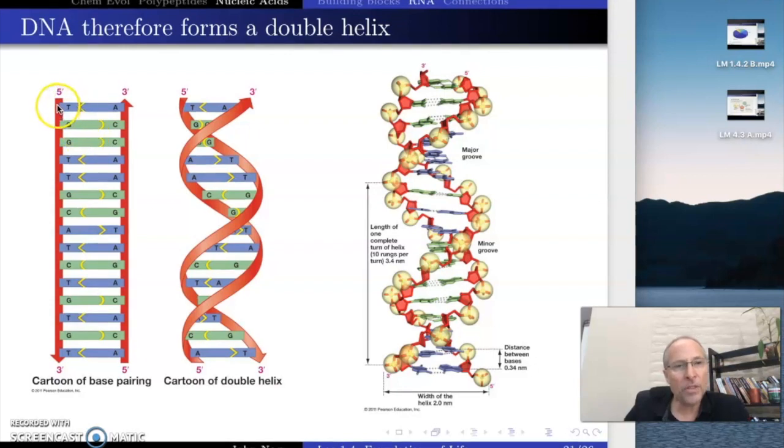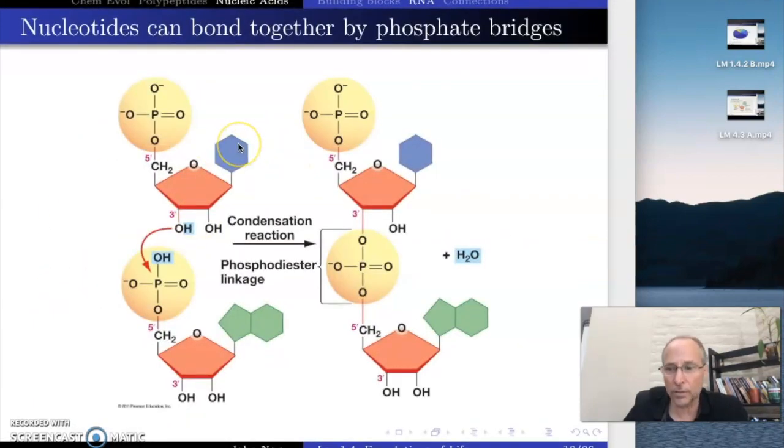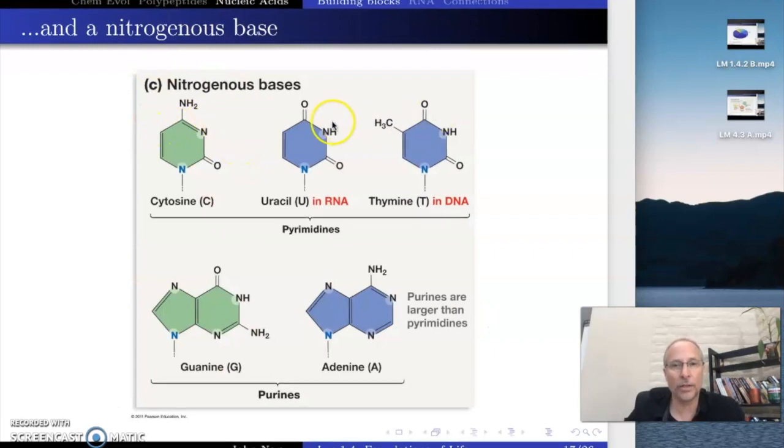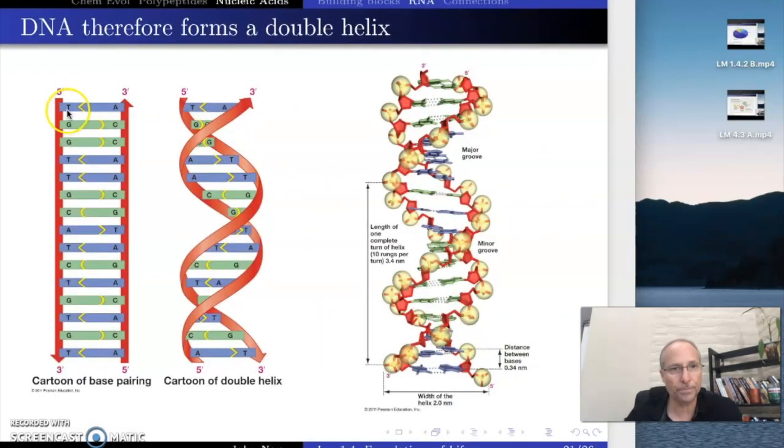Now, what happens is I can make a polynucleotide with deoxyribose, and when I do that, one of the key differences is that it doesn't have uracil in its group of nucleotides. It has thymine on its bases instead of uracil. It still has cytosine, guanine, and adenine, but thymine is only found in DNA, and uracil is only found in RNA. That's why we see the T, for example, here.